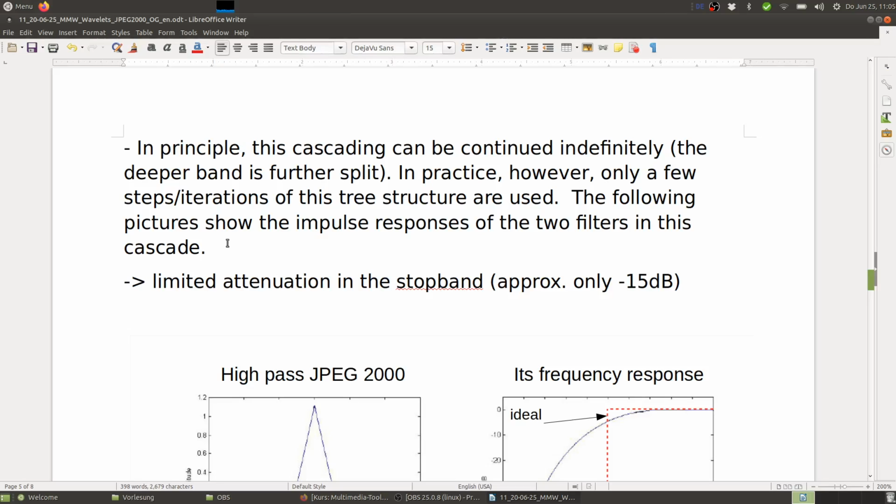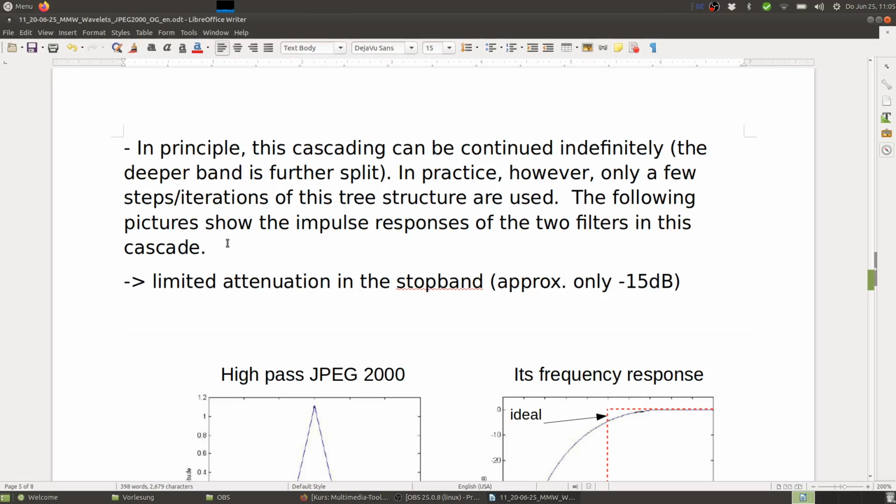Remember, here we have a two-band decomposition, but in the DCT that would mean that we only have filters of length 2, right? Remember, in the DCT the length of the filter was always identical to the number of subbands. So if the number of subbands is 2, the length of the filter is also 2.